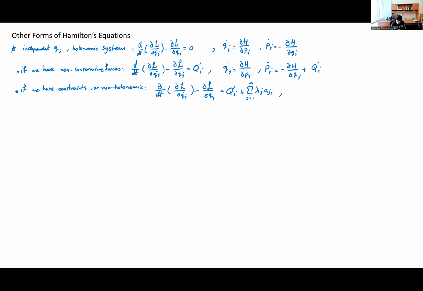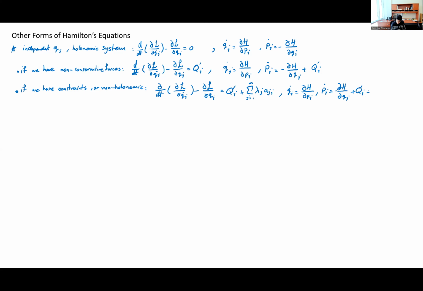In this case for the Hamiltonian, again q dot i remains the same, partial H partial pi, and p dot i is minus partial H partial qi plus Q prime i.